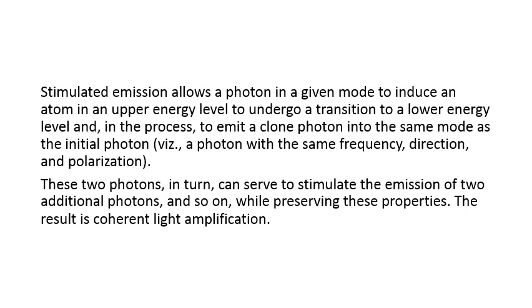These two photons in turn serve to stimulate emission of two additional photons and so on, while preserving these properties. The result is coherent light amplification. So first you will get 2, then 2 to 4, then 4 to 8 and so on. It's called amplification. And for this amplification we use a certain arrangement where we organize such amplification.